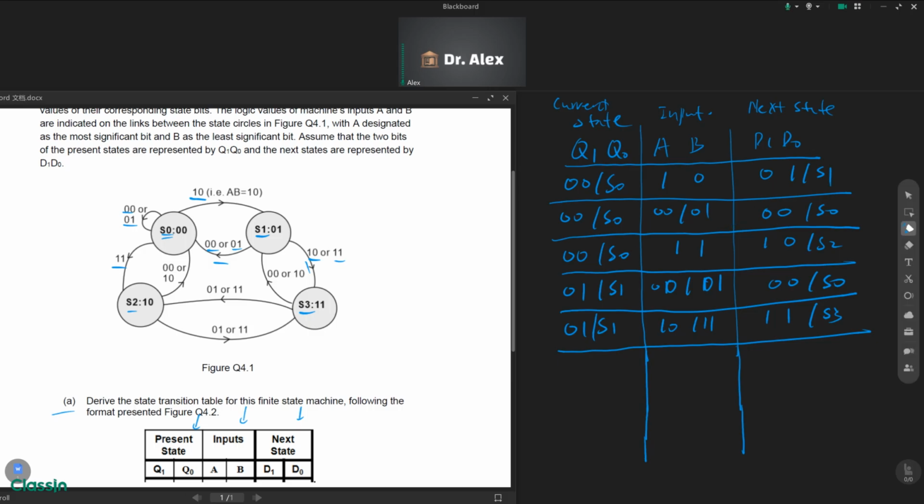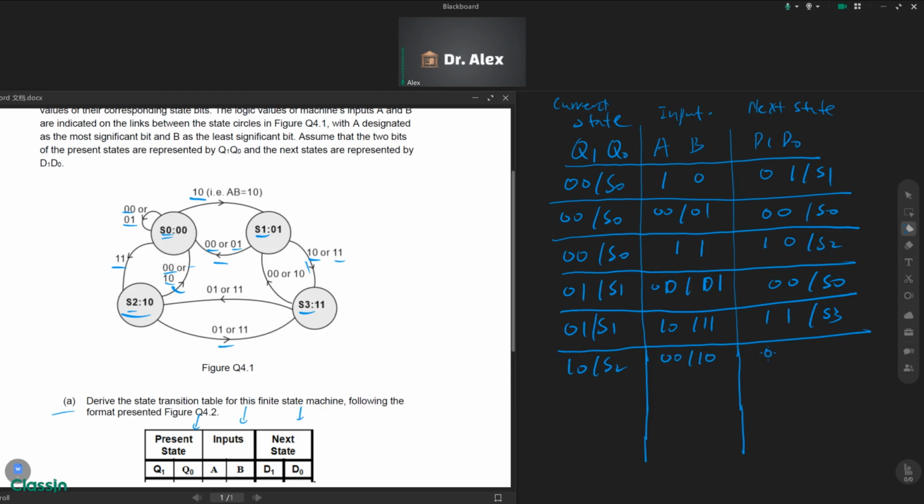those are all the two possibilities that start from state 1 to another state. Okay, now we will focus on state 2, which is 10, state 2. We can see there are only two arrows pointing outside. Okay, as well. So we first go to this when the input is 00 or 10.